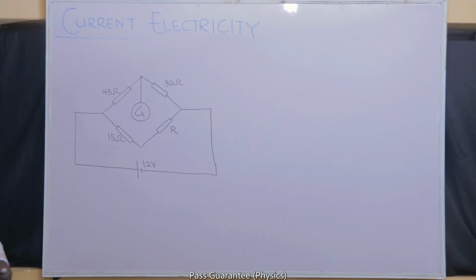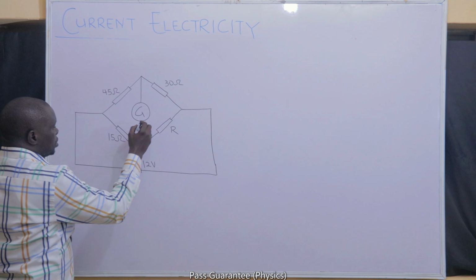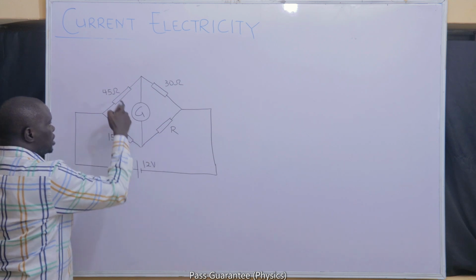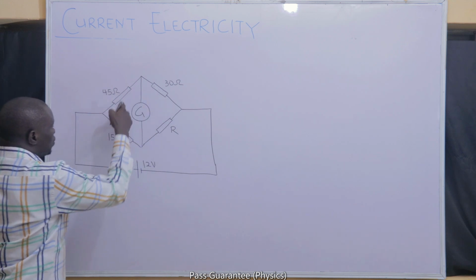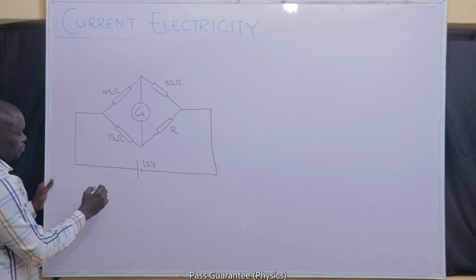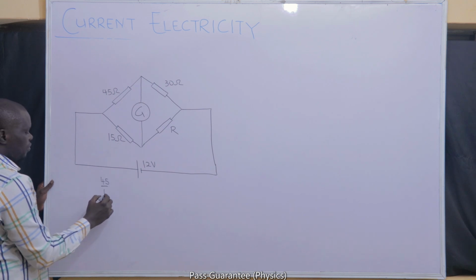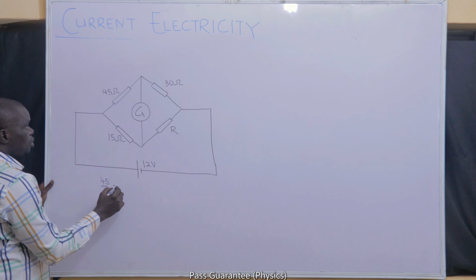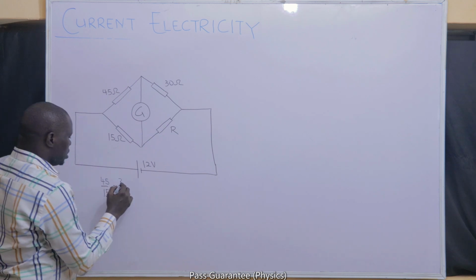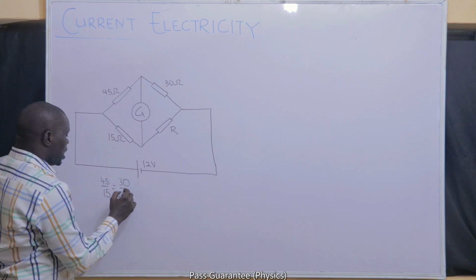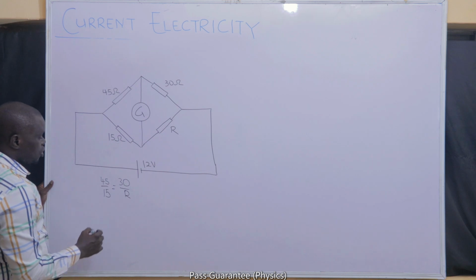The value of R, we just find the ratio. If we do the ratio, it will be 45 all over 15 must be equal to 30 all over R. And if that is the case, we'll cross multiply.